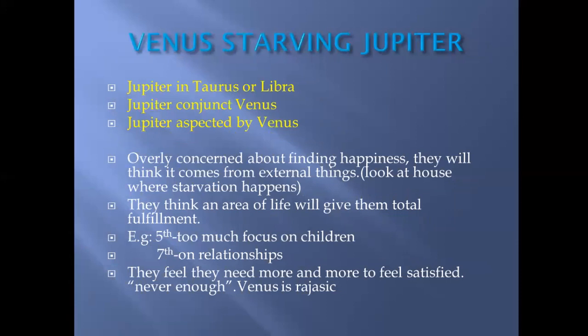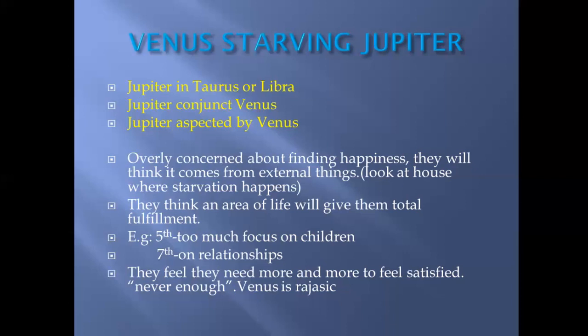Okay, Venus starving Jupiter. Okay, so remember the enemies of Jupiter are Mercury and Venus, and that's why these two planets are going to be causing starvation. Saturn's also going to cause starvation because it starves any planet that it's next to. Okay, so Venus starving Jupiter happens when Jupiter is in Taurus or Libra, when Jupiter is conjunct Venus, or when Jupiter is aspected by Venus.